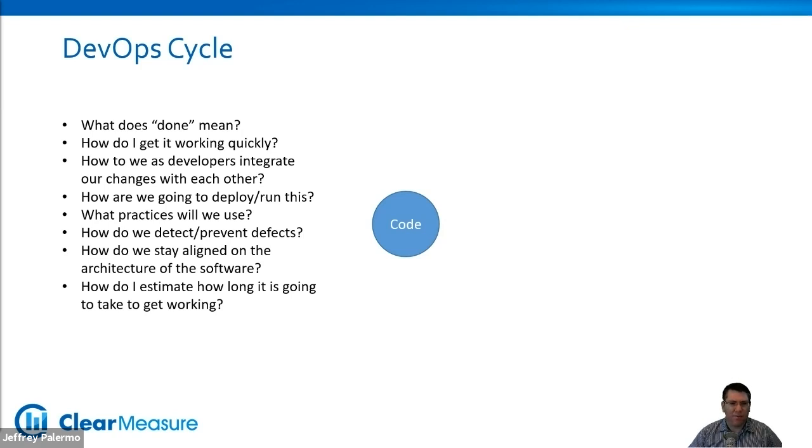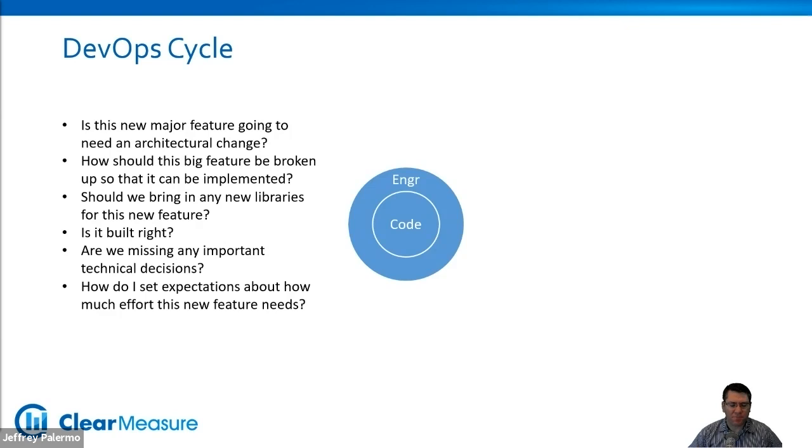All right. But around the code is engineering practices, okay, and technical decisions that need to be made. And some of the questions that we ask there: is this new major feature going to need an architecture change? We need to update our architecture blueprints. Should we bring in any new libraries? Are we missing any important technical decisions?